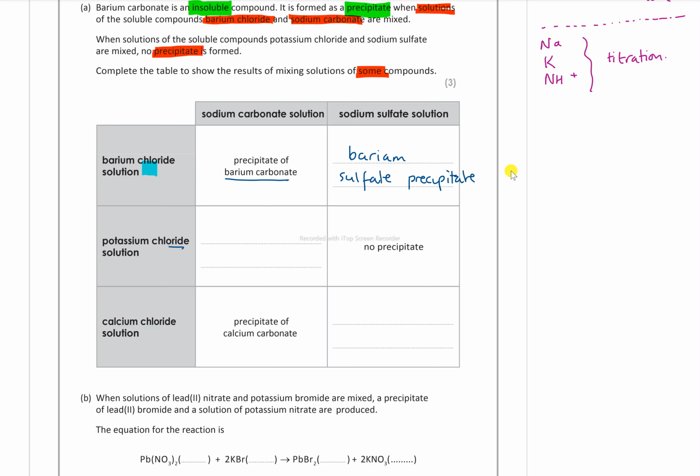Potassium chloride with sodium carbonate, you're going to get no precipitate. Calcium chloride with sodium sulfate, you're going to get a calcium sulfate precipitate. You can put precipitate of calcium sulfate or calcium sulfate precipitate, it doesn't matter.